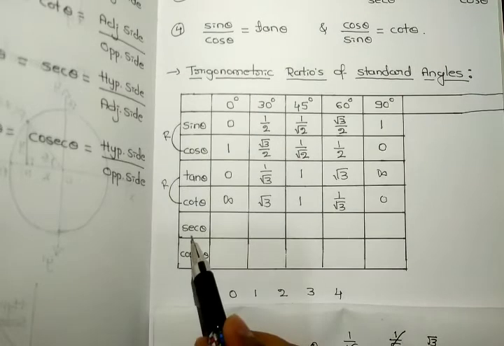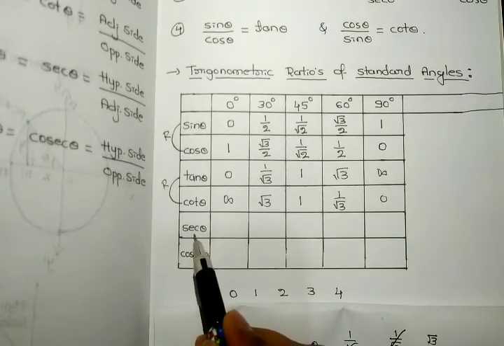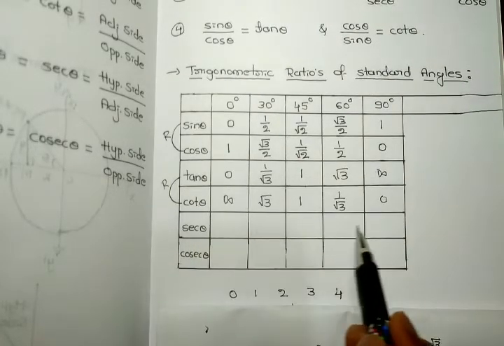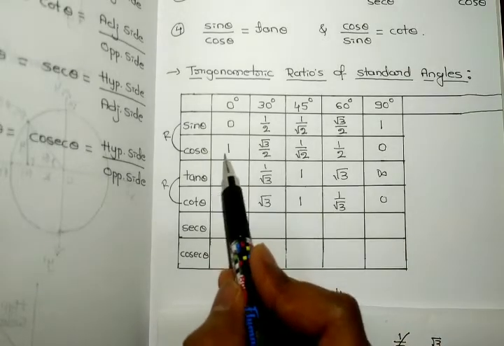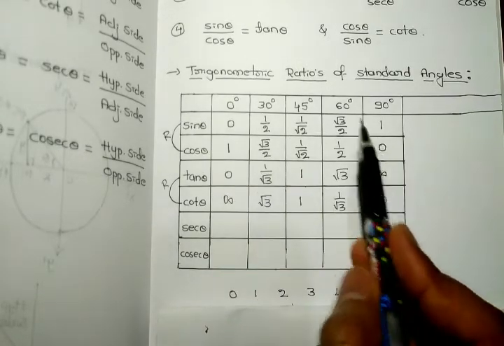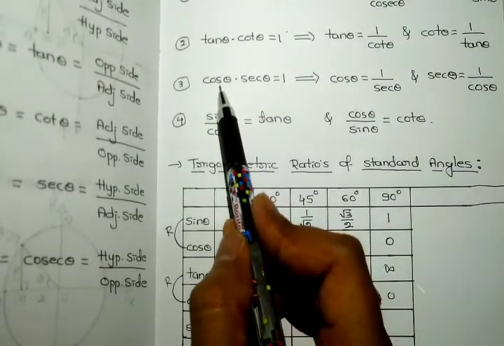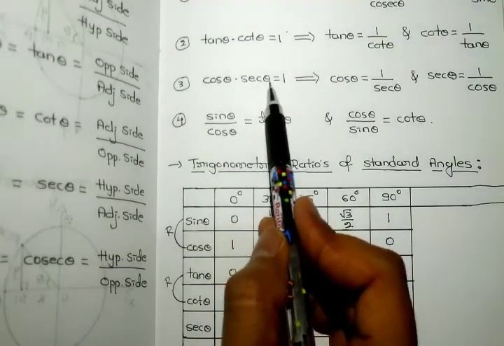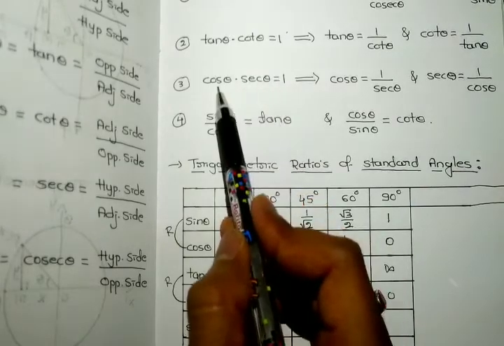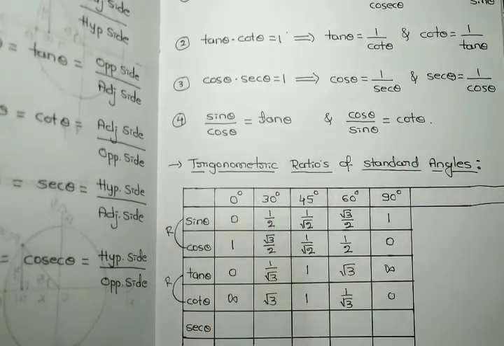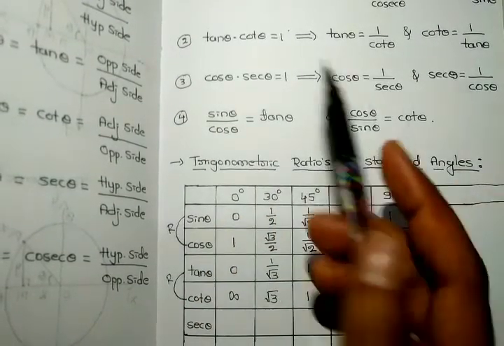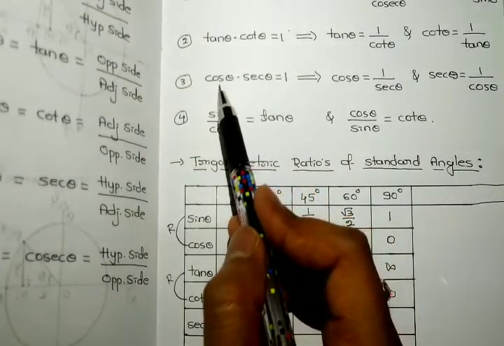Next, sec theta. If you want to find the value of sec theta, you need the value of cos theta. In the reciprocal relation, cos theta into sec theta is nothing but 1.